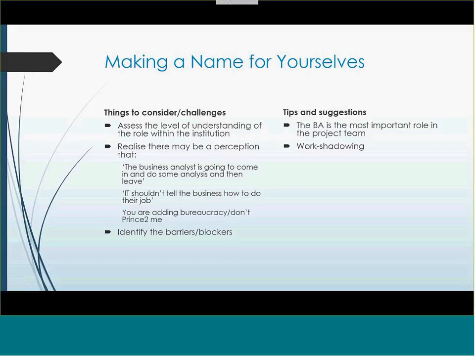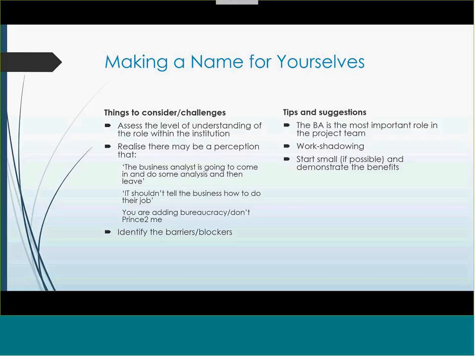And work shadowing, I can't say that enough. Work shadowing is a very positive tool for an institution that isn't that familiar with business analysis. People get to see what you do as a business analyst, and you get to understand what your customers may be facing day to day, especially if you're in HE.